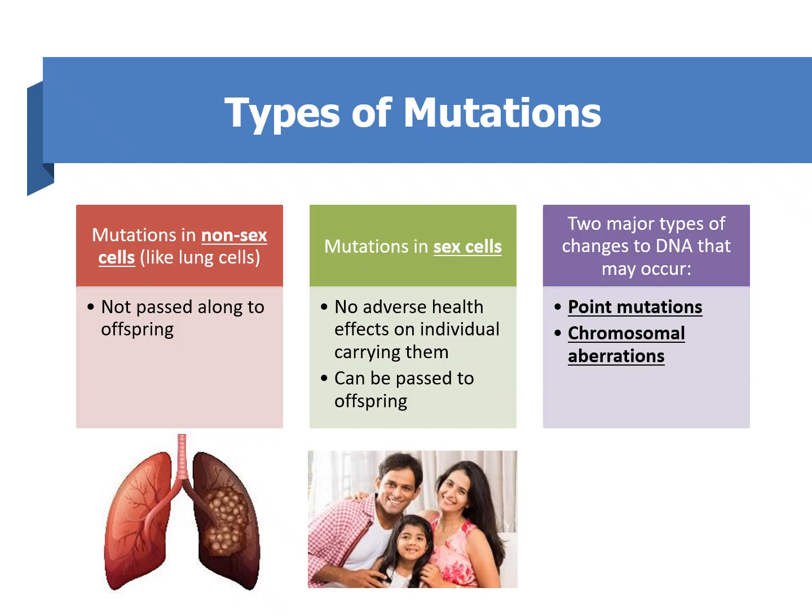The first is mutations that are found in non-sex cells. Something like lung cancer is mutations that occur within an individual, but they can't be passed on to the offspring. This typically happens due to the presence of a cancer-causing agent.